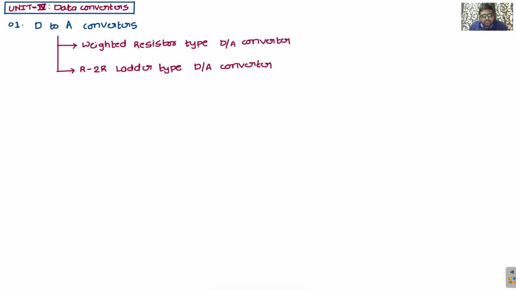Again, R to 2R ladder type is classified into two types. First one, normal ladder type, and second one, inverted ladder type.